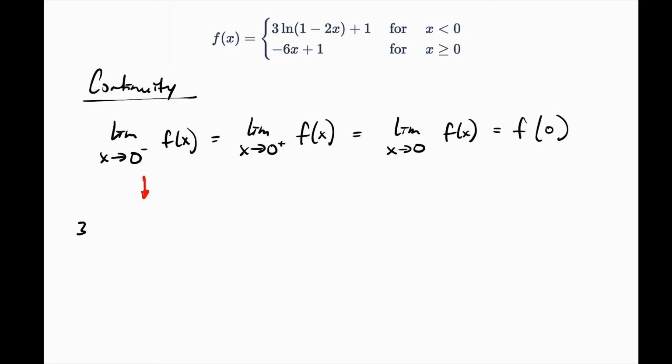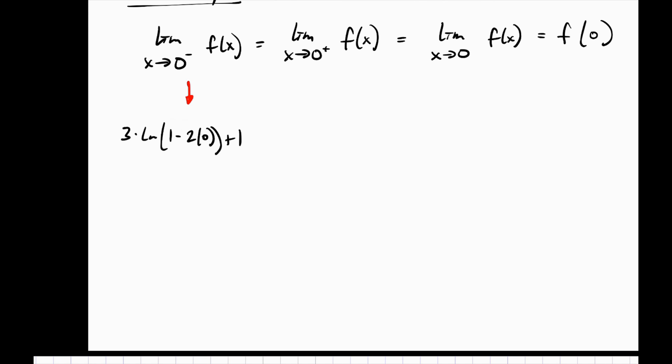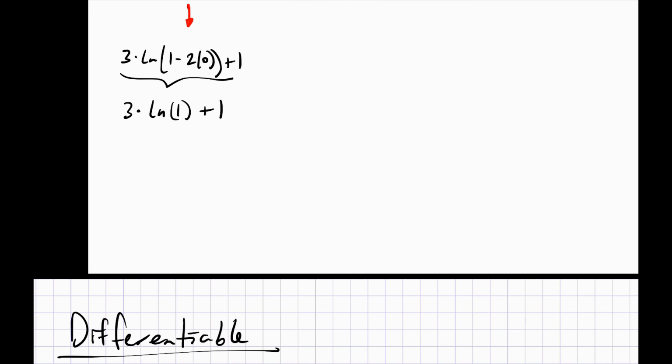So 3 times the natural log of 1 minus 2 times 0 plus 1. Okay, so 3 times the natural log of 1 plus 1. What's the natural log of 1? 0. Yep, the natural log of 1 is 0. So it'd be 0 plus 1, which is 1.